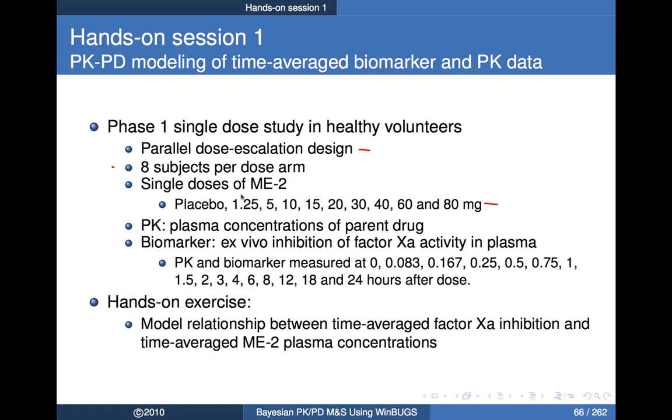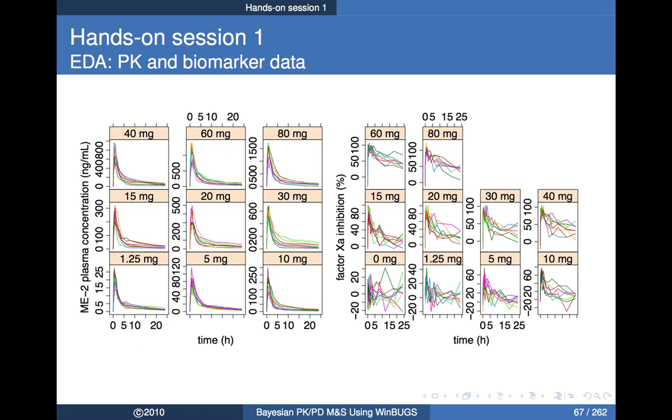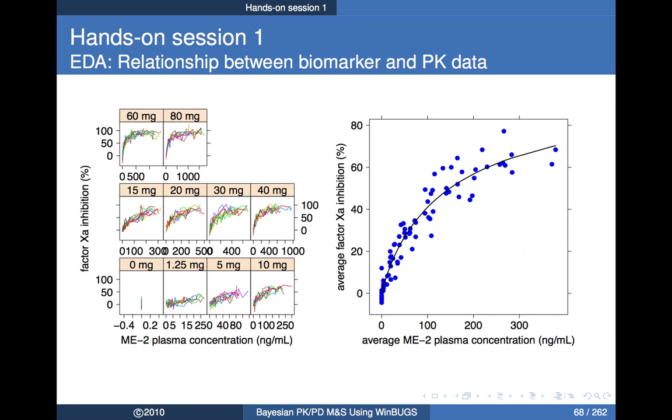And at various times, pharmacokinetics was measured in terms of the plasma concentrations of our parent drug, and we had a biomarker, which was the ex vivo inhibition of factor Xa activity in plasma, and both of those were measured in samples collected at the times listed here. And we had built a model to describe that. This is just reminding you what the data looks like.